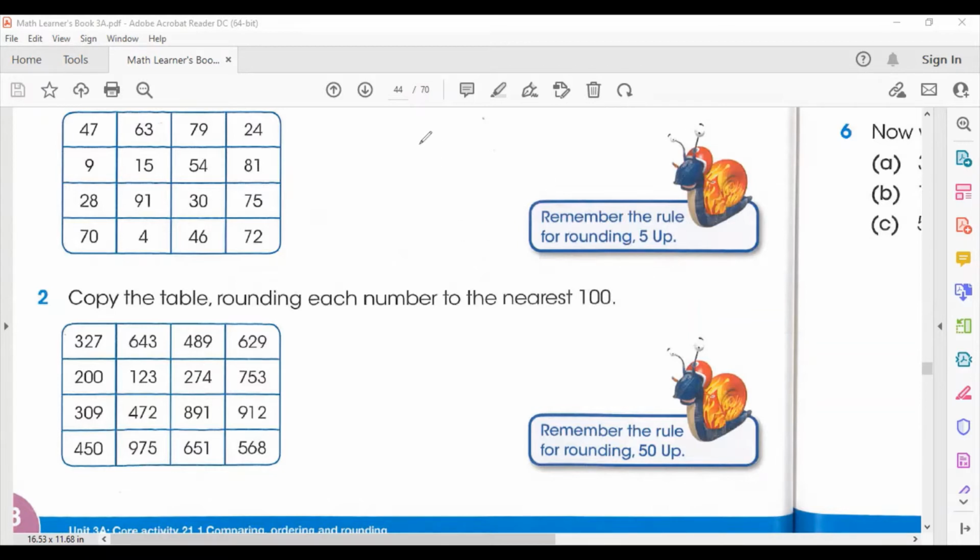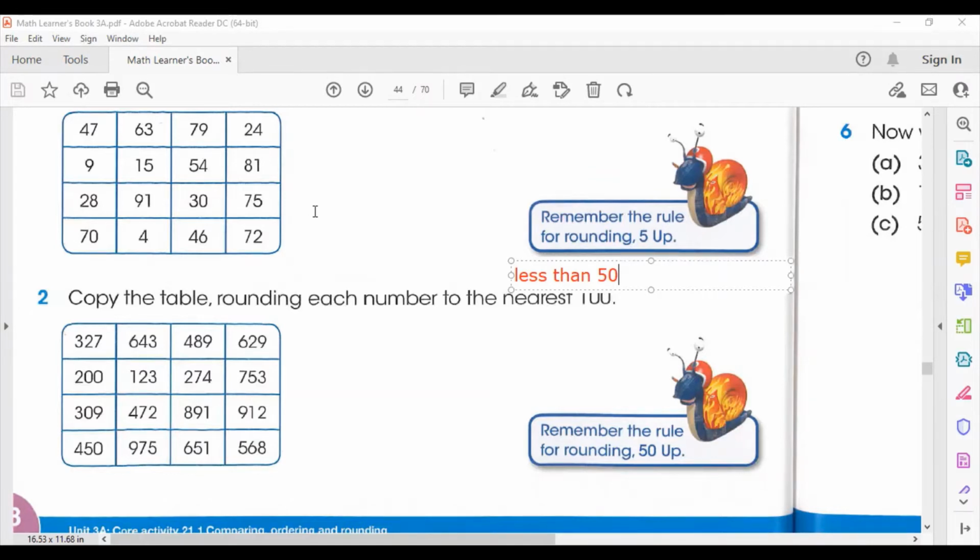Okay, so what's the rule if you are solving the question for nearest 10? Less than 50, any number. So we no need to change the hundreds place value if the last two digits are less than 50. In the above question, nearest 10, we talk about if the last digit is less than 5.